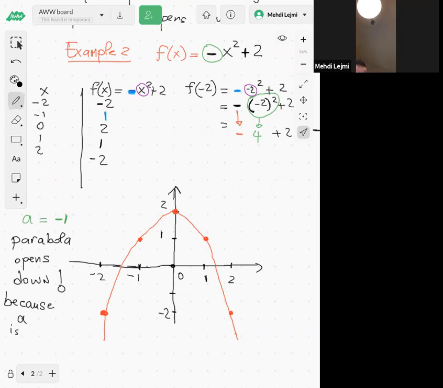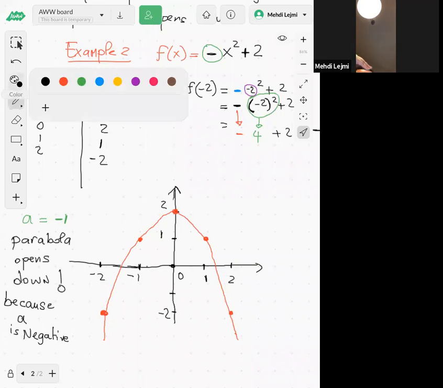Now, what about the vertex? Well, here again, there's this special point. Because the parabola opens down, we're going to have a global maximum, which is, yes, Joel, absolutely, this is 0, 2. So this point here, that's what I call the vertex of the parabola.